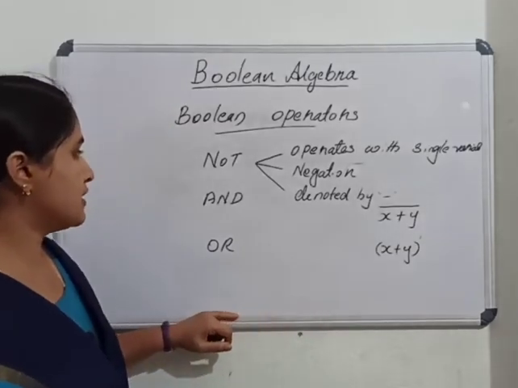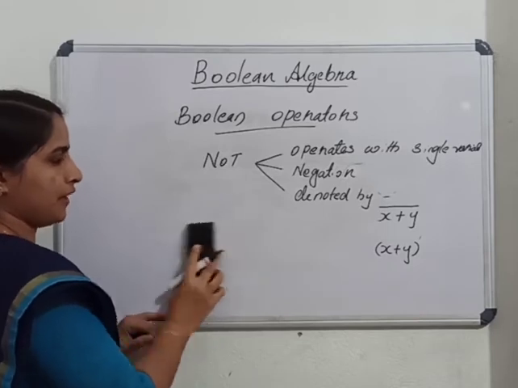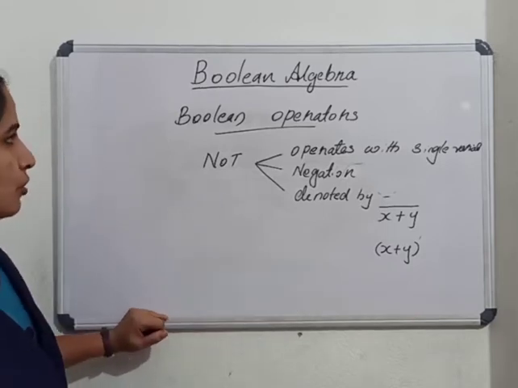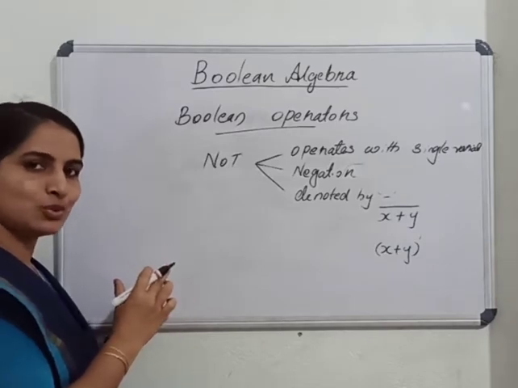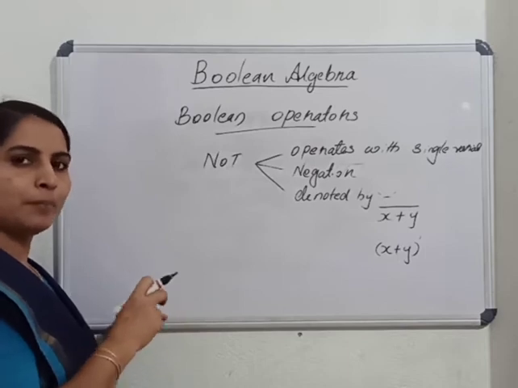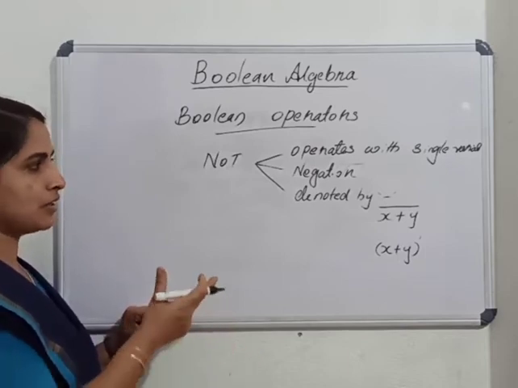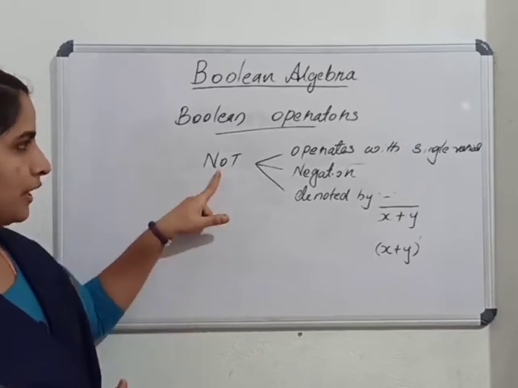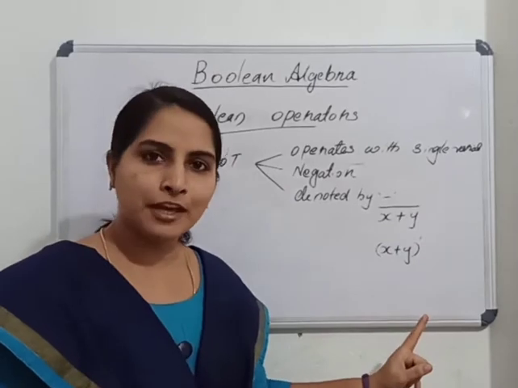Yes. Now we will see what is AND operator. So before learning what AND operator is, we can draw the truth table of the not operator. So once again, what is a truth table? It is a table which denotes all the possible input combinations and the corresponding output. As I said, this not operator operates with a single variable.